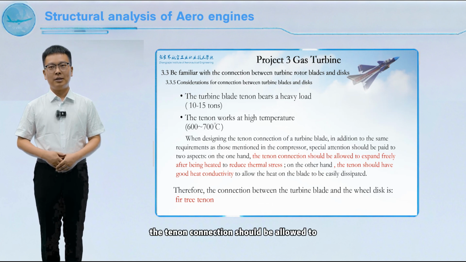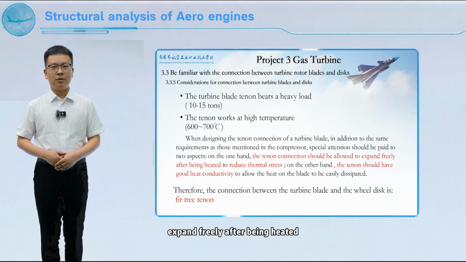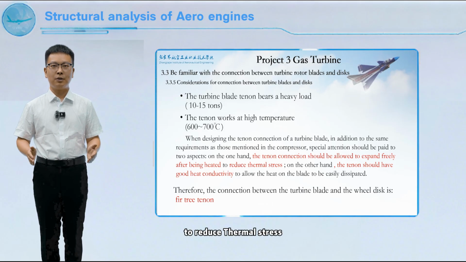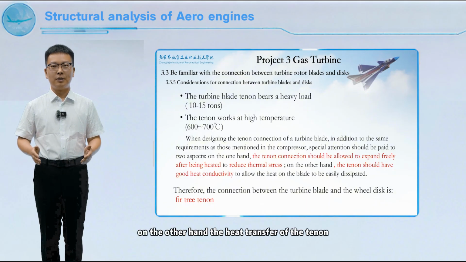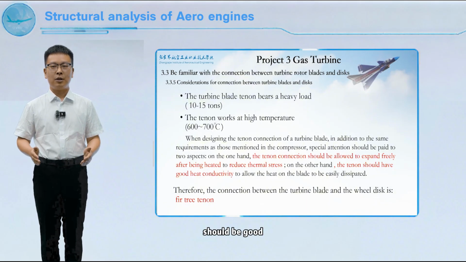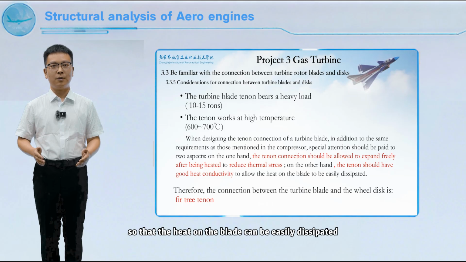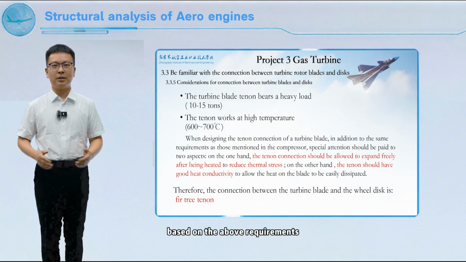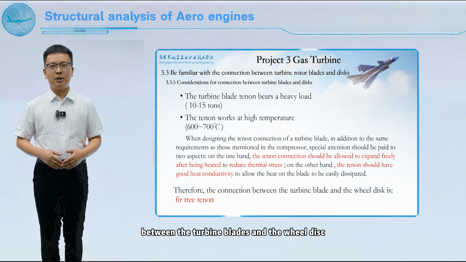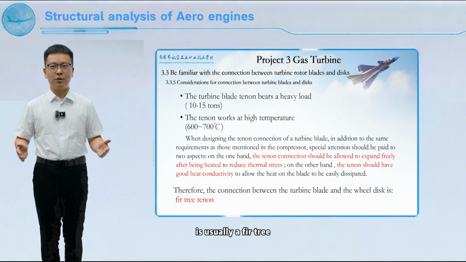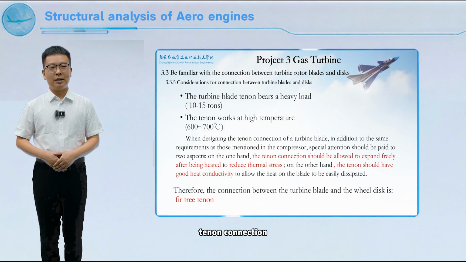On the one hand, the tenon connection should be allowed to expand freely after being heated to reduce thermal stress. On the other hand, the heat transfer of the tenon should be good so that the heat on the blade can be easily dissipated. Based on the above requirements, the connection method between the turbine blades and the wheel disc is usually a fir tree tenon connection.